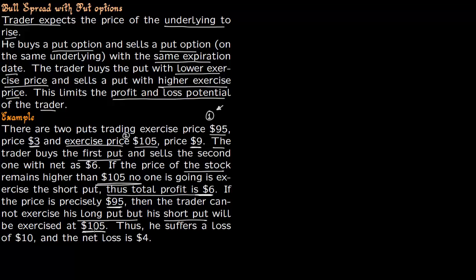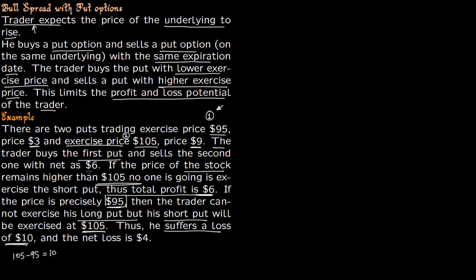The person he has sold the put to will buy the stock at the price of 95 from the market and sell it to our trader at 105. So the trader will suffer a loss of $10. 105 minus 95 is the $10 loss, because he sold a put which can be exercised at 105 and the price at expiration date is $95.